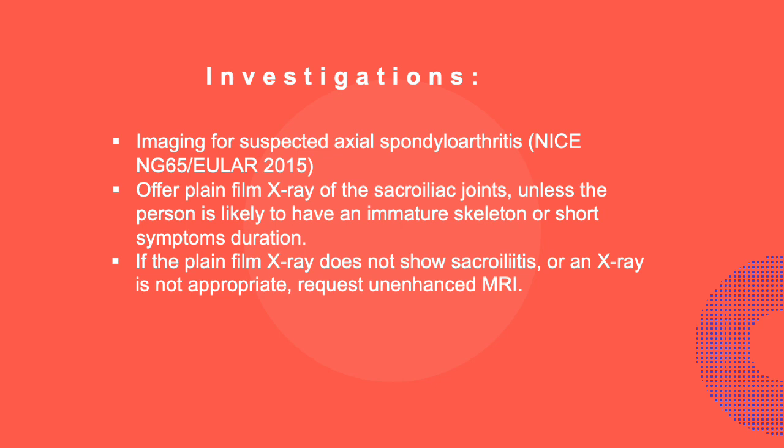How do we investigate a patient with inflammatory back pain? As per NICE and EULAR recommendations, we should offer an X-ray of the sacroiliac joint unless there is a contraindication. If the plain X-ray film does not show sacroiliitis or an X-ray is contraindicated, then we should request an unenhanced MRI.